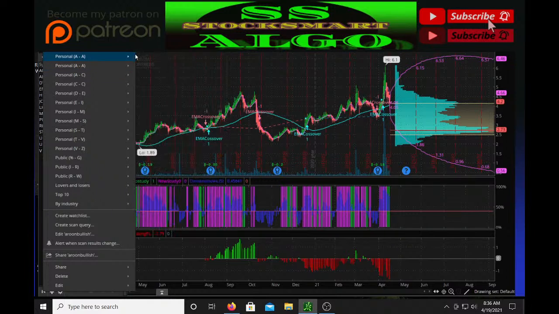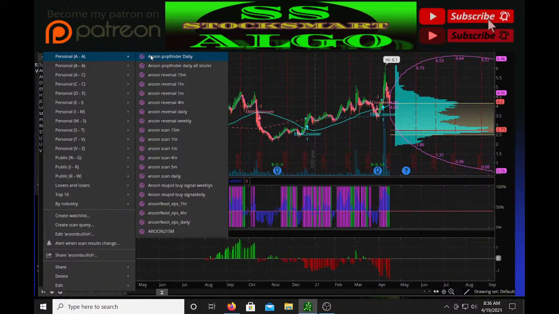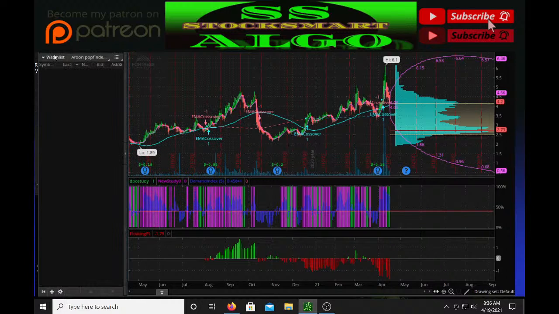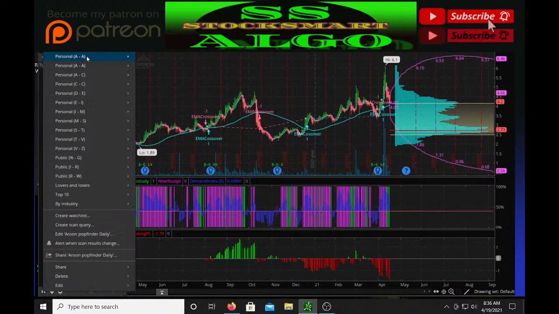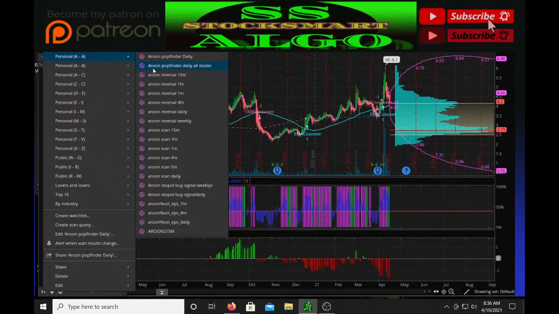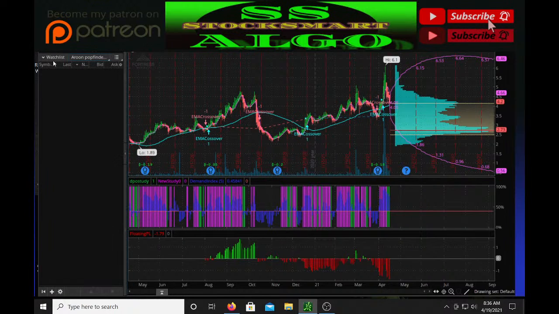Now let's check our Rune Pop Finder. If you are familiar with a few of our previous lessons, the most recent one included the Pop Finder, and we use the Pop Finder in daily all stocks.